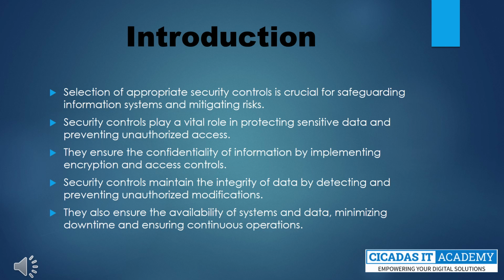This process involves identifying, evaluating, and implementing appropriate controls to mitigate risks and ensure the confidentiality, integrity, and availability of critical assets. By selecting and implementing security controls effectively, organizations can establish a robust security framework, meet compliance requirements, and proactively address emerging threats.